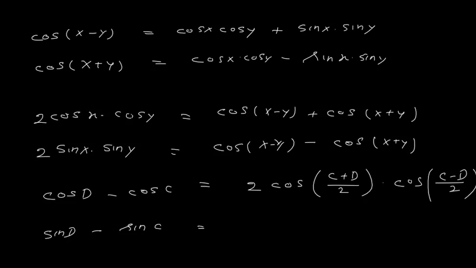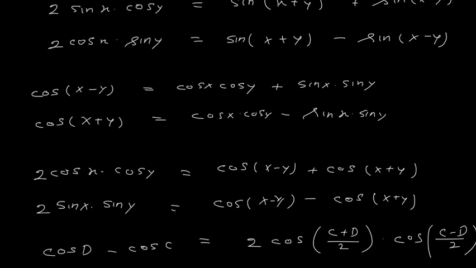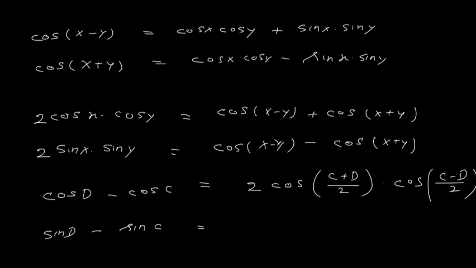I have 2 times sin x. So what I have done? Cos of (x minus y). Okay, cos of c minus cos of d minus cos of c, this is cos d.